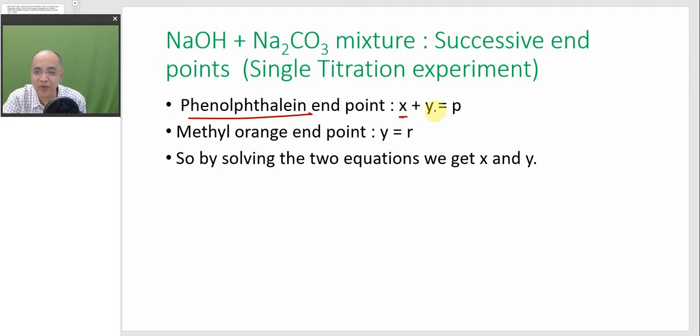So X plus Y, once again I am writing, moles or millimoles, and X is the number of moles of sodium hydroxide.